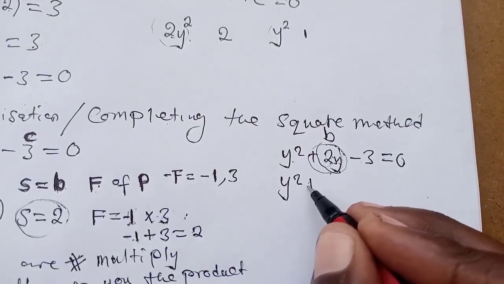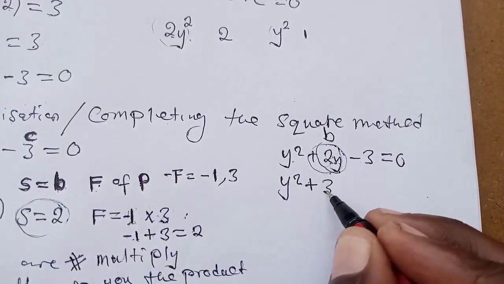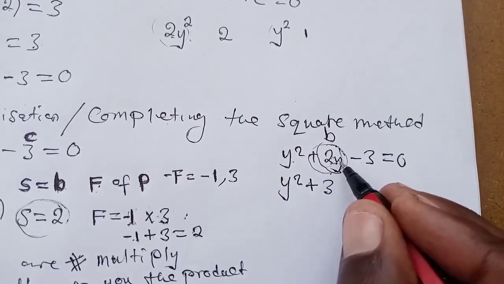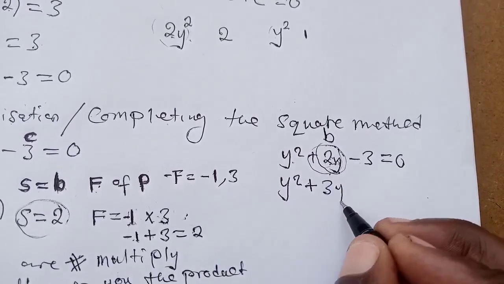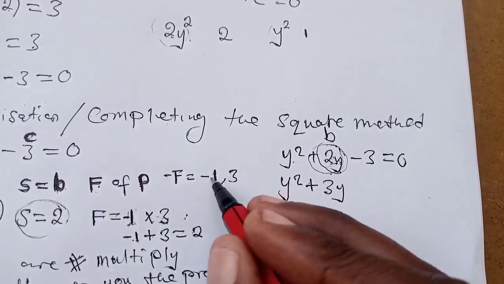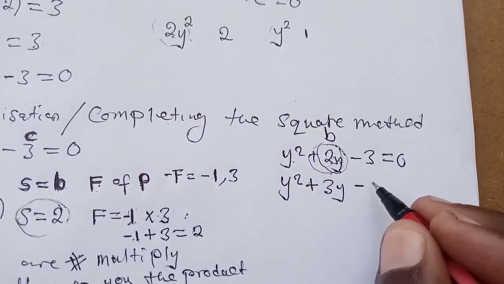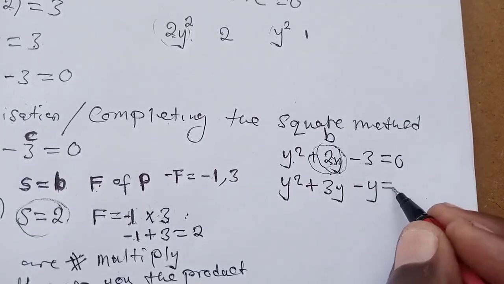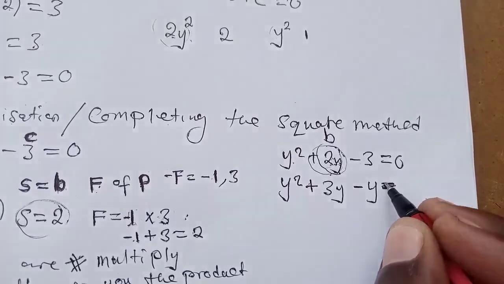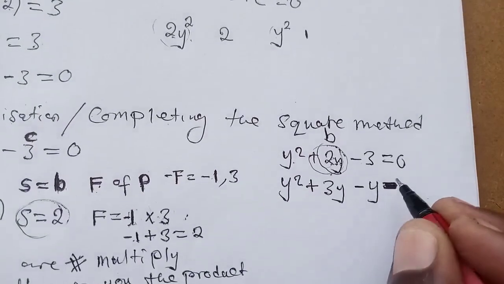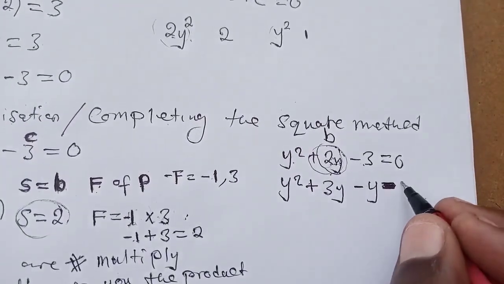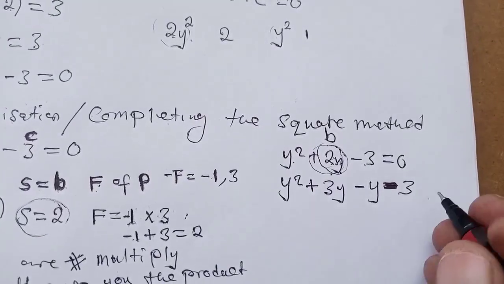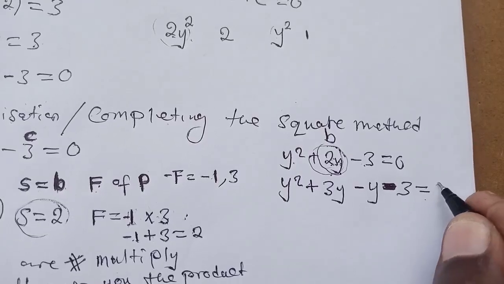So we have y squared plus 3y, then this factor is negative, so we just say minus y, minus 3, like that, is equal to 0.